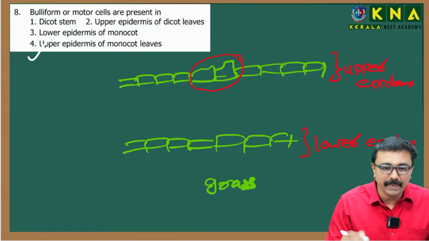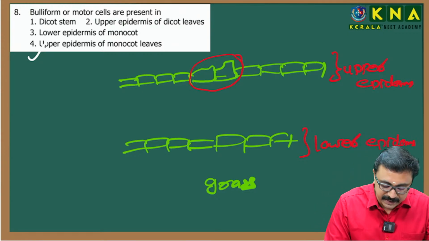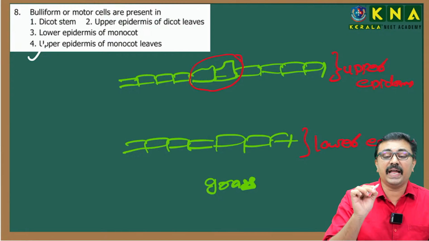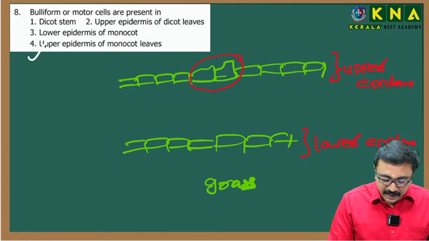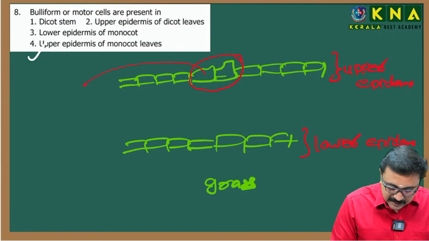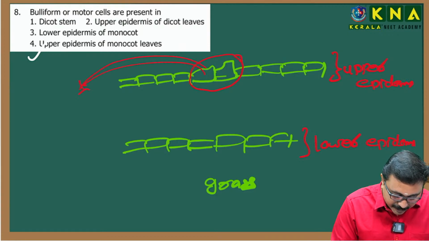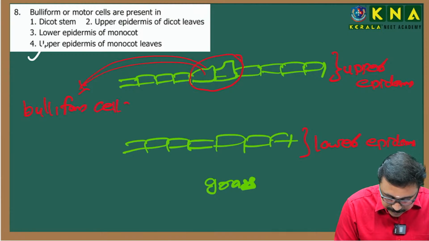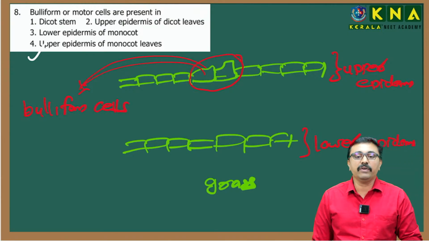When we look at the upper epidermis, we can see that there are certain specialized cells. These specialized cells seen at the upper epidermis are called bulliform cells.